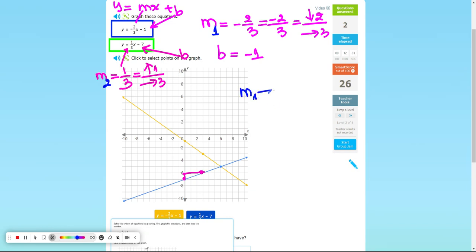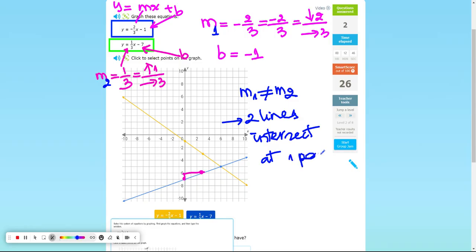So the two slopes are not the same. Therefore, the two lines intersect at one point, and the one point is right here. That's the one point we're talking about. So therefore, we have one solution.